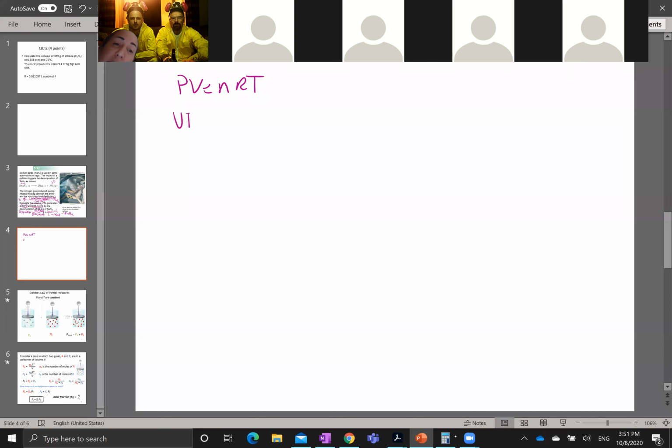Hexa means 6. So they want to know the density of this at 779 millimeters of mercury and 62 degrees Celsius. Somebody volunteer and tell me first, what do I need to do?